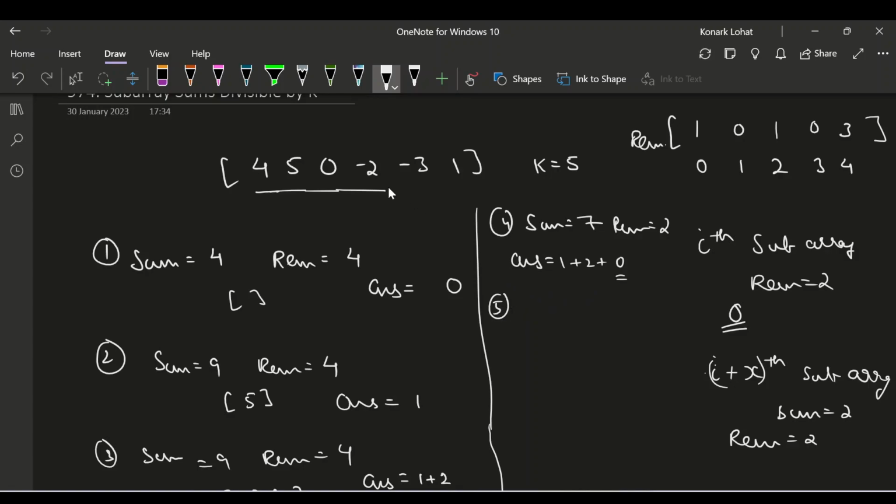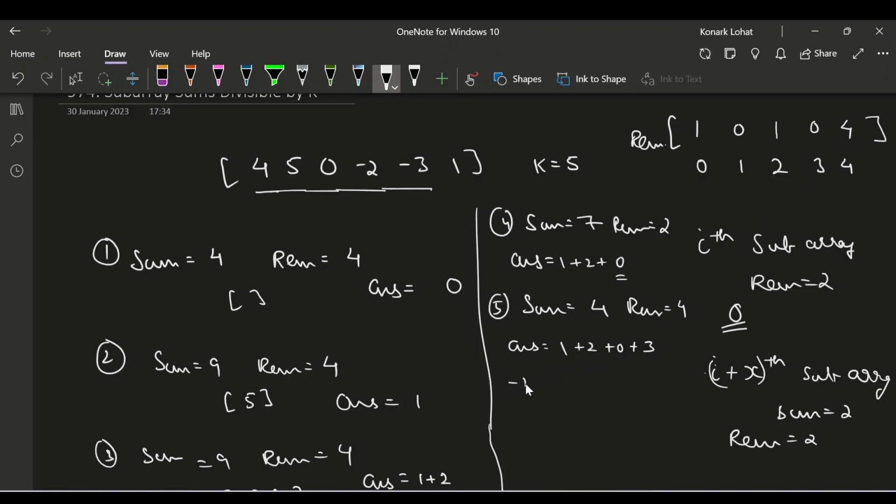Now at the fifth case, where you are including 3, the sum value is 4 again, and the remainder is equal to 4. At 4 you have 3 again, so the answer is equal to 1 plus 2 plus 0 plus 3. And why are there 3 subarrays? By the way, we have to increment this, and this means that there are 3 subarrays. Let's find out.